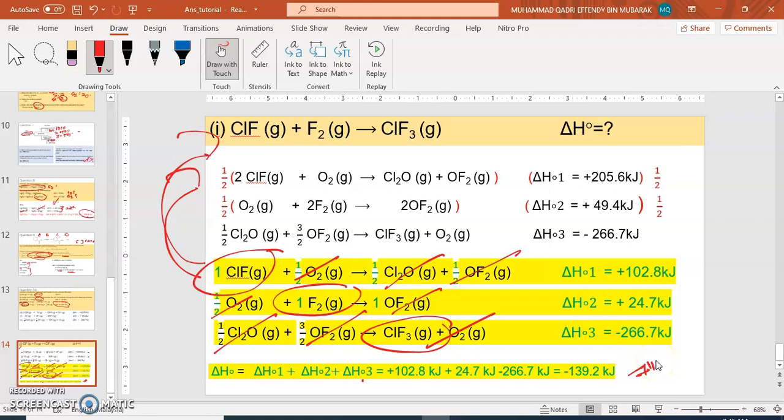So this is how we answer questions related to Hess's law. In the first part of our tutorial, we learned how to apply concepts to chemistry applications, which involve plus, minus, addition, subtraction, multiplication, bracket order, and everything.